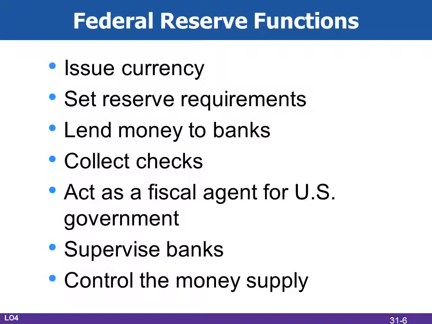When the Fed lends money to banks or another financial institution, they do so with what's called the discount rate. So if you hear that term, discount rate, that's the rate of interest that the Federal Reserve charges institutions who borrow money from our nation's central bank, right?